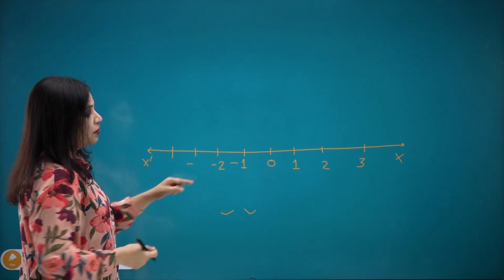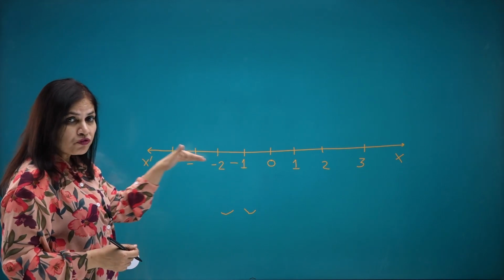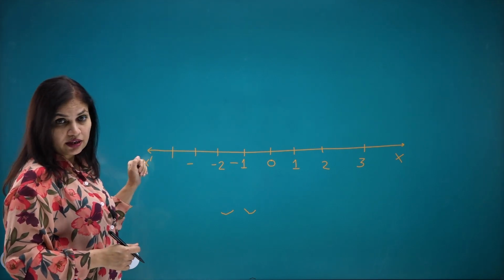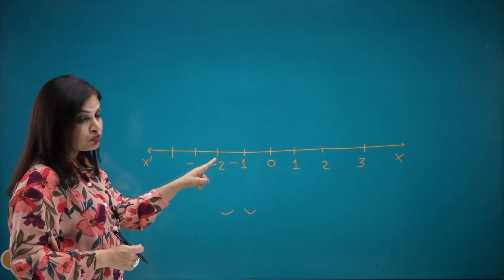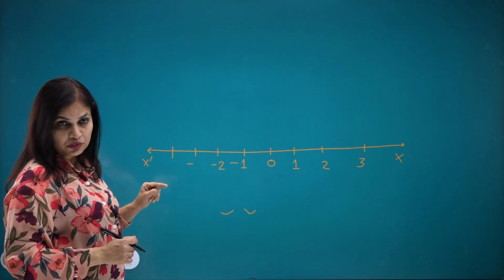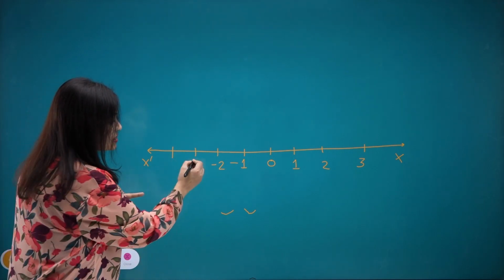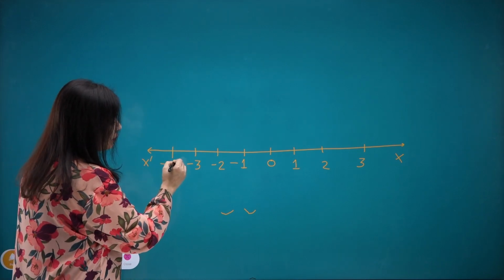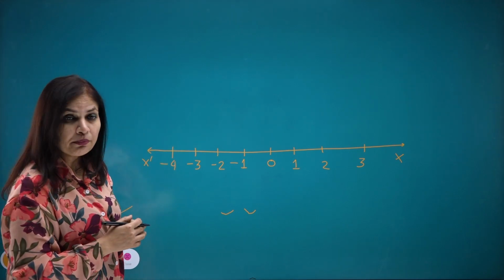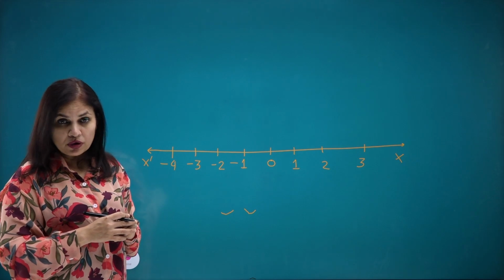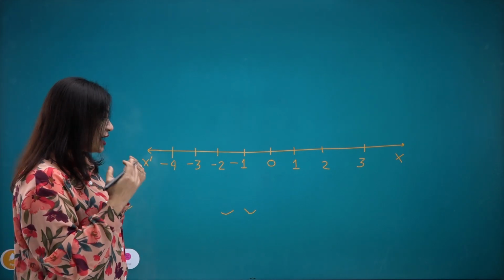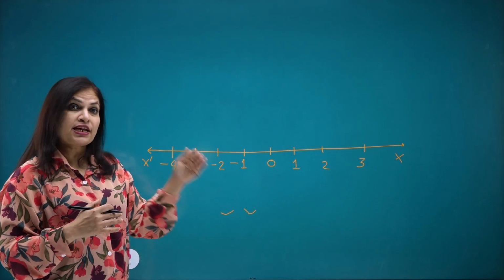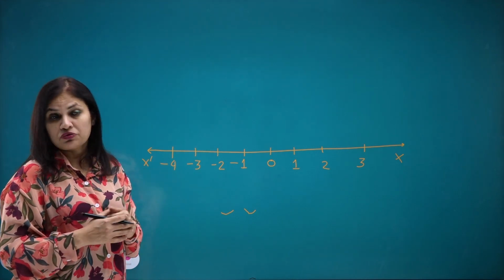And we know as we move to the left, the values keep on decreasing. That is why minus 2 will always be less than minus 1. Minus 3 will be less than minus 2. And minus 4 will be less than minus 3. So, a very important point to note: the absolute value means the number of steps that we are taking to the left or to the right.